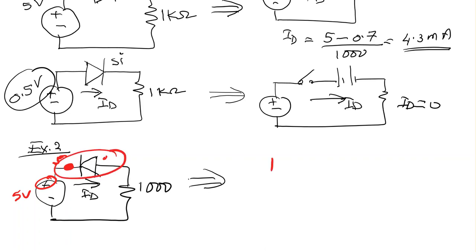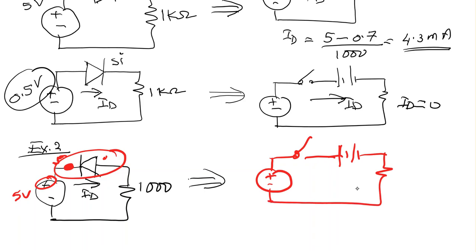And in this case the circuit representation will look like, again, an open switch. There will of course be a voltage here, and there will be no current. So ID here is also equal to 0.